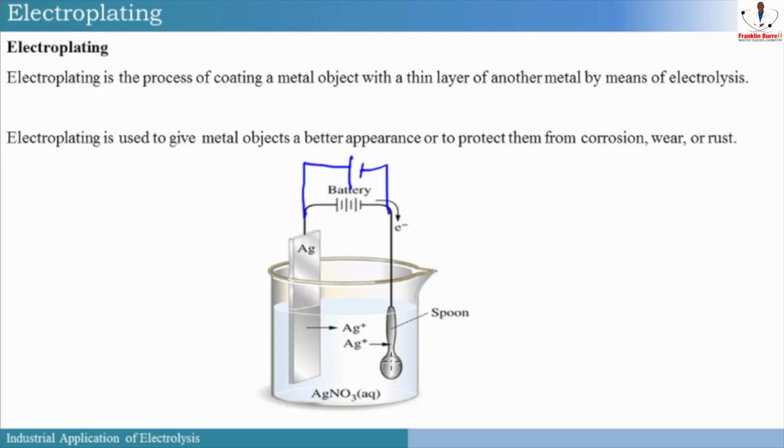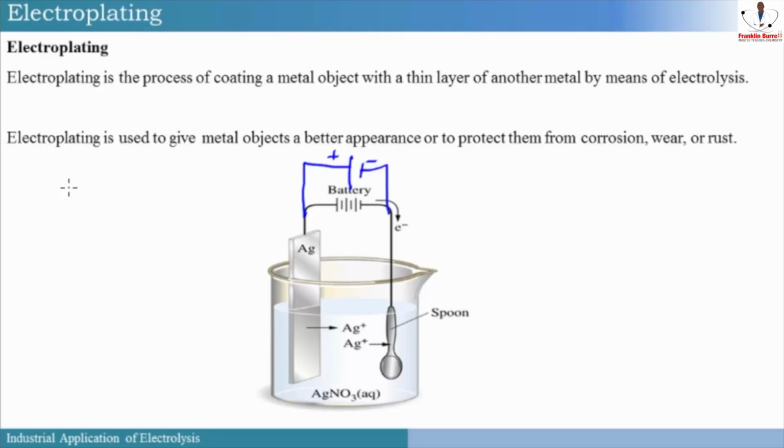So the object being plated is placed at the cathode, and the object or the metal doing the plating is placed at the anode. Again, remember that the anode is the active electrode. So on this side is our positive electrode being the anode, and on this side we'll have the cathode.